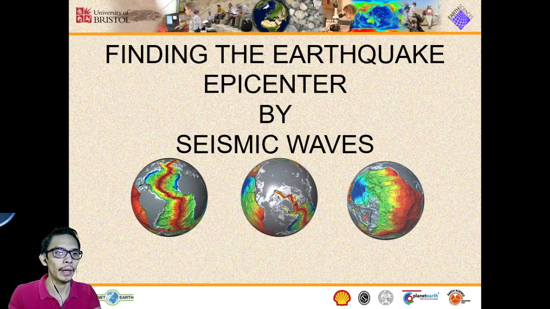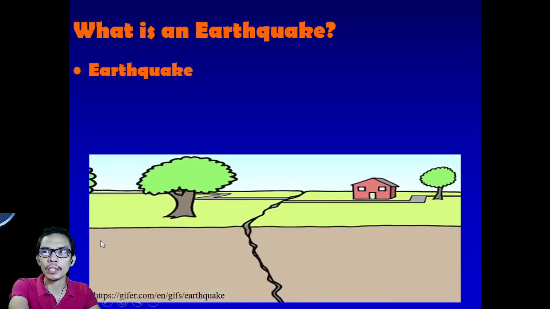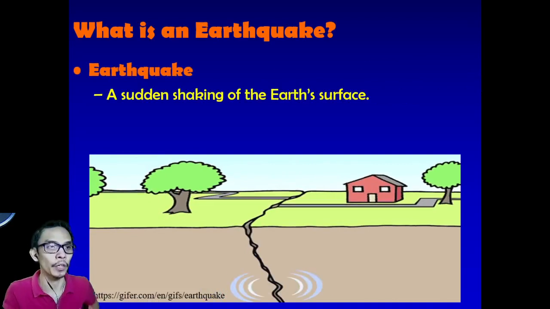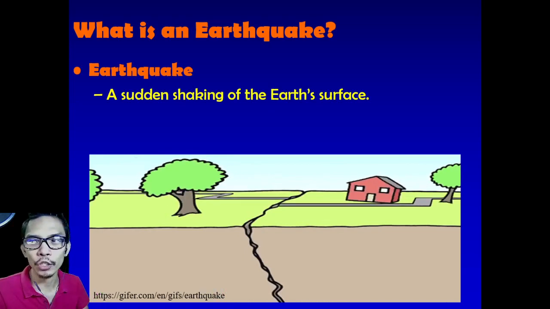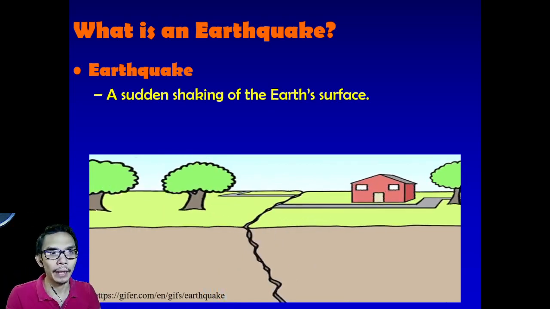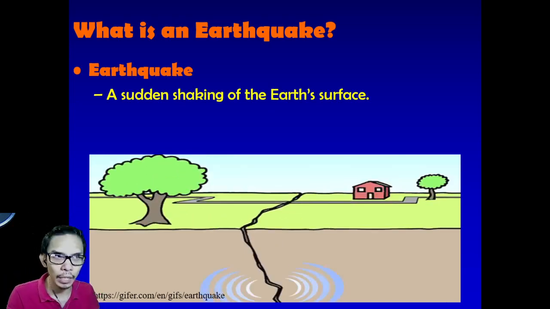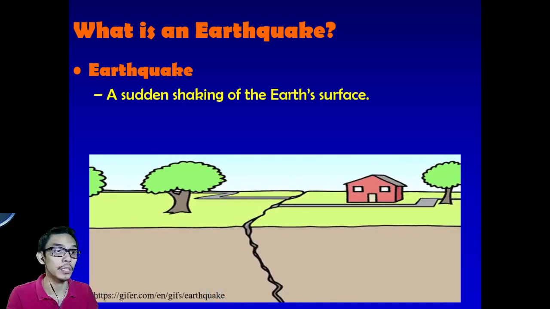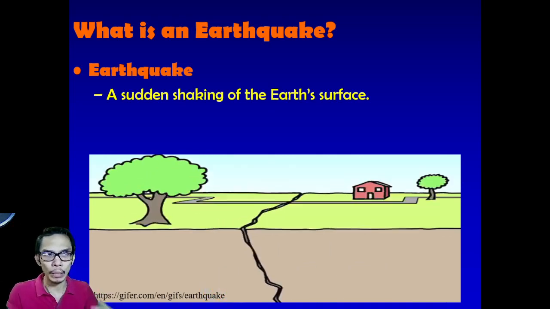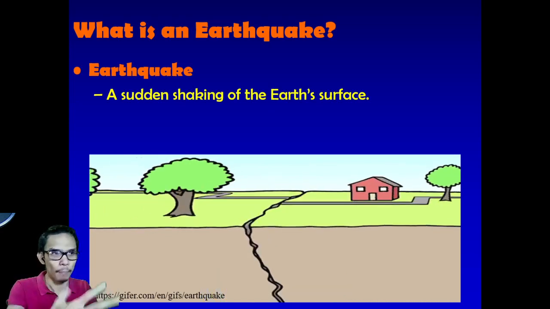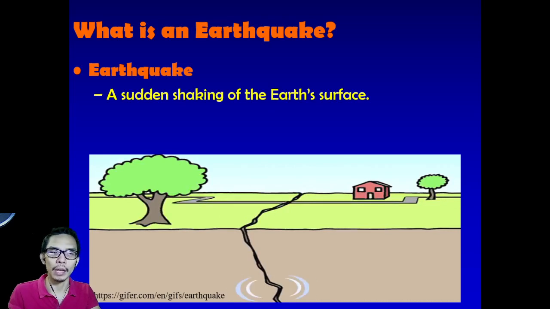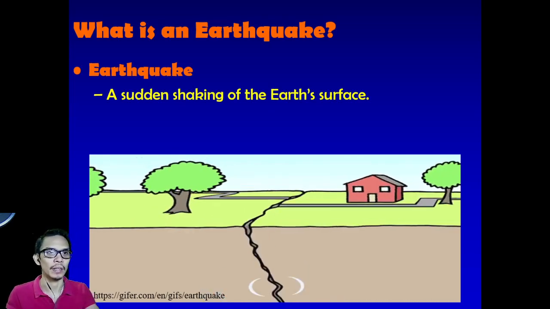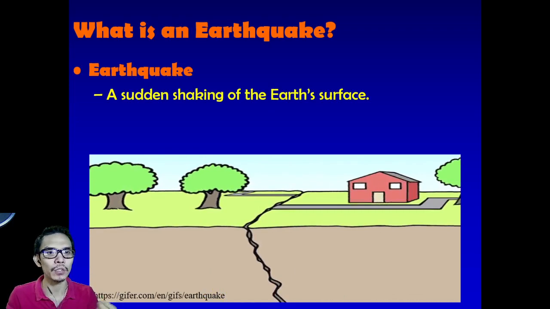An earthquake is the sudden shaking of the Earth's surface, and you don't know the exact time when the shaking will start. The earthquake will just come by and start shaking the ground without any warnings.